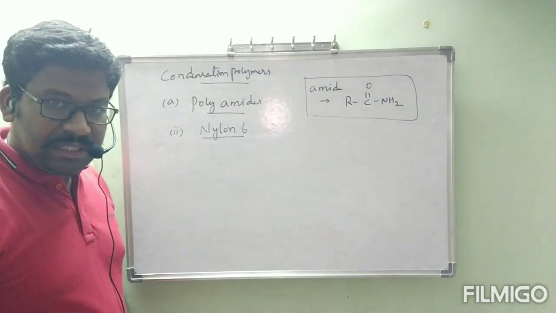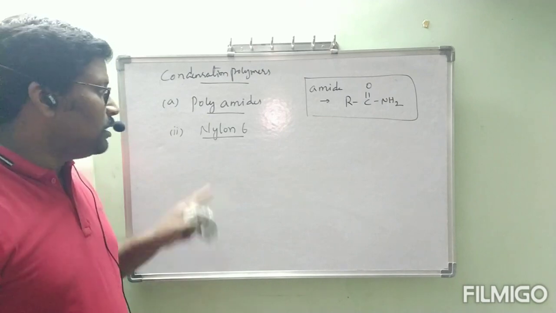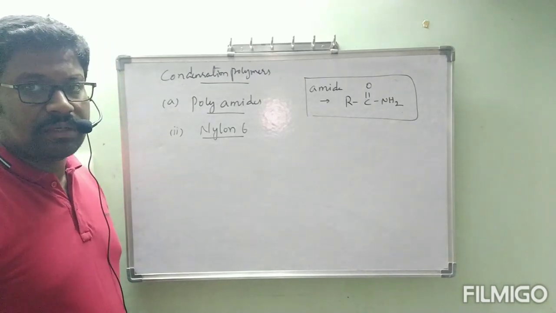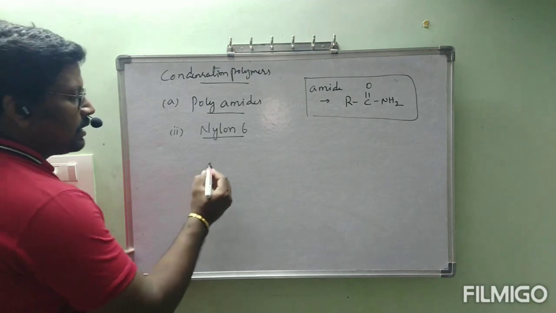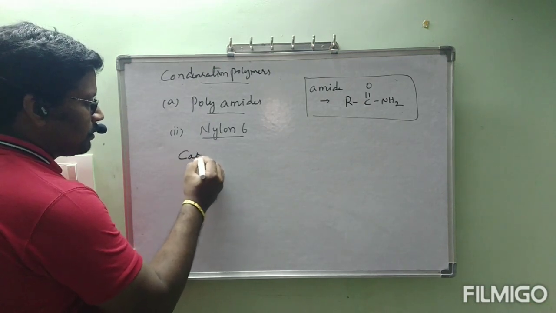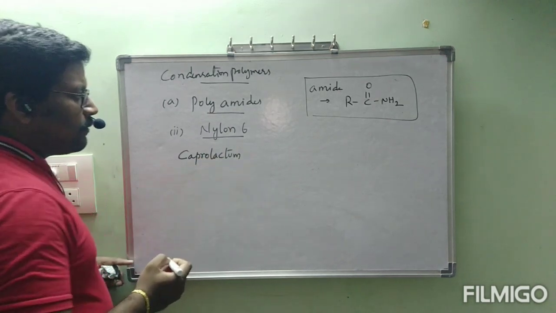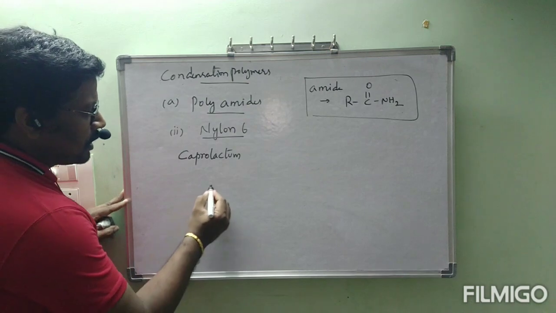Previously, nylon 6,6 has two monomers: adipic acid and hexamethylene diamine. Now this one has only one monomer, that is caprolactam. What is this caprolactam?